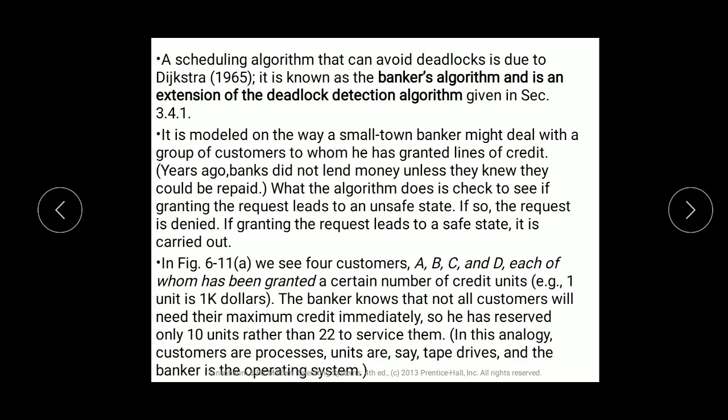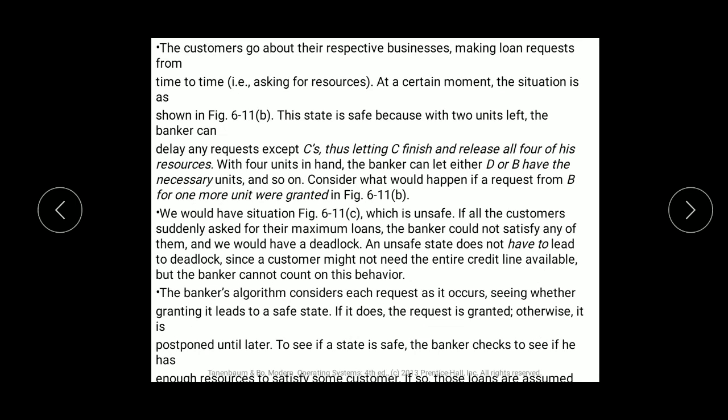So in this analogy with the banker's algorithm, customers are processes, meaning they are provided with the resources. Units are tape drives, and banker is the actual operating system who is providing the lending. So customers go out there and ask for resources, that is, processes ask the operating system for a resource from time to time.